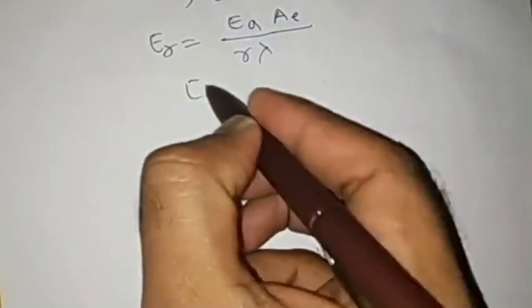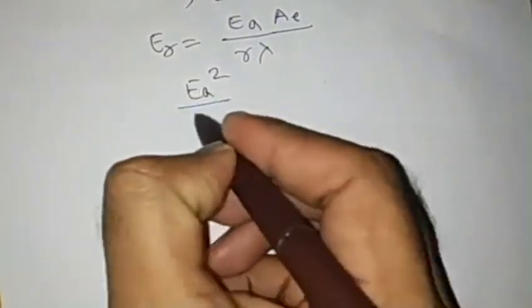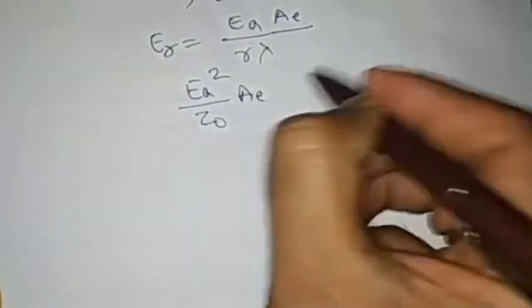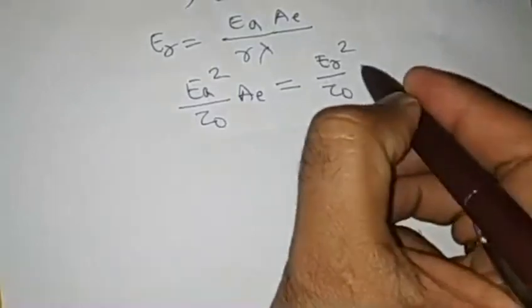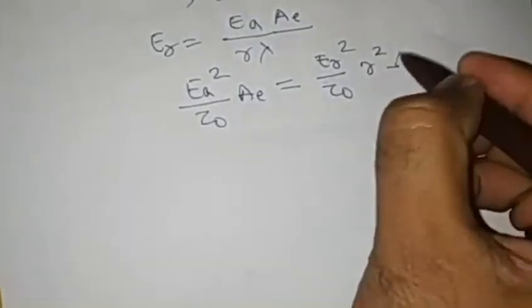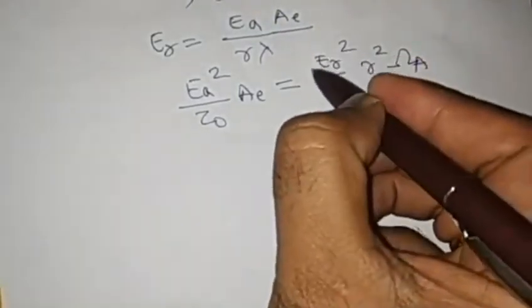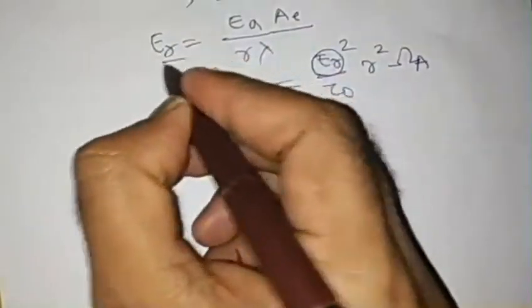The first equation is EA square by Z0 into AE, and the second equation is ER square by Z0 R square omega A. Let's substitute in place of ER this value.